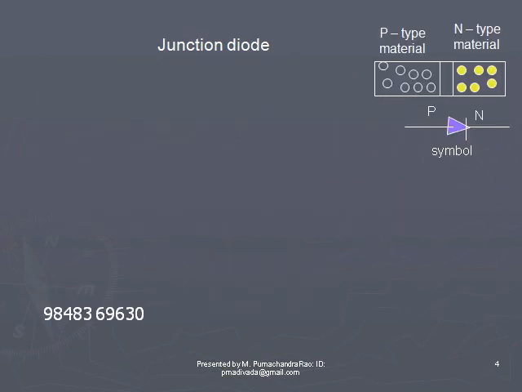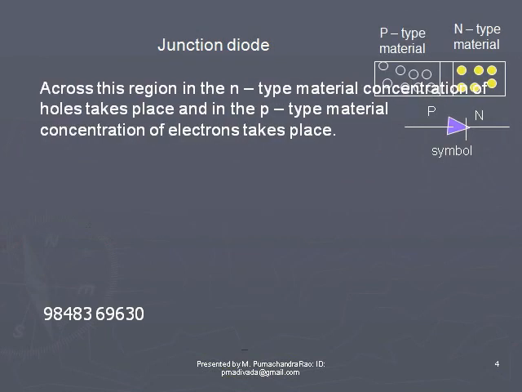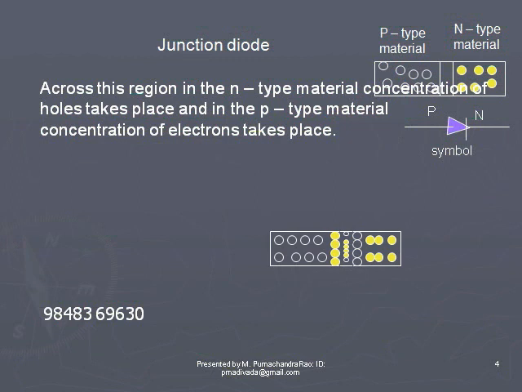After the depletion region is formed, across this region, hole concentration takes place. Diffused holes concentrate nearby this junction on the N side, inside the N-type material.